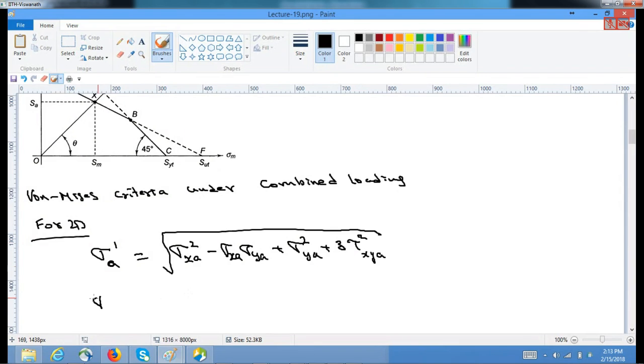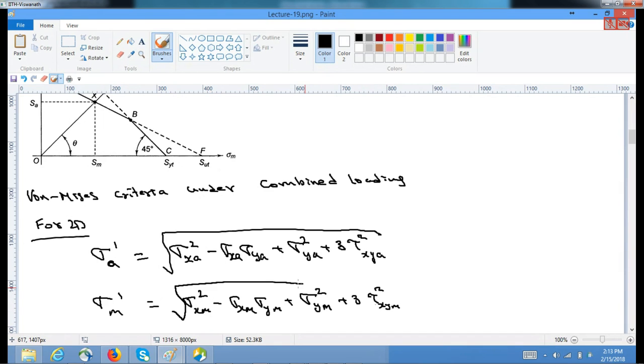Similarly, for the mean value, sigma M dash is the square root of sigma X mean whole square minus sigma X mean sigma Y mean plus sigma Y mean whole square plus 3 tau XY mean square.